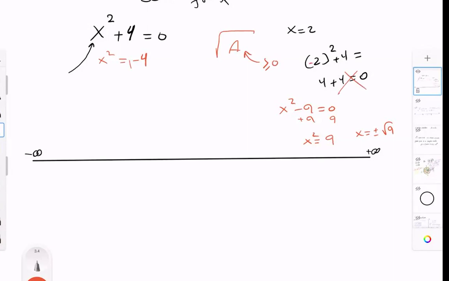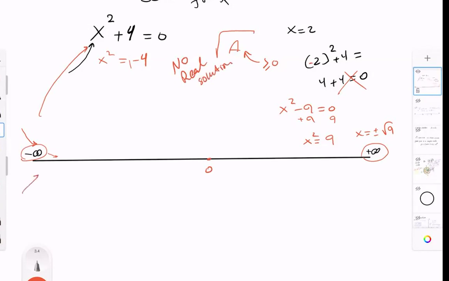That means inside this number line, from negative infinity to positive infinity, if you go through all of them, left or right, you cannot find a number to plug in, square it, add 4 to get 0. So we're going to say there's no real solution.